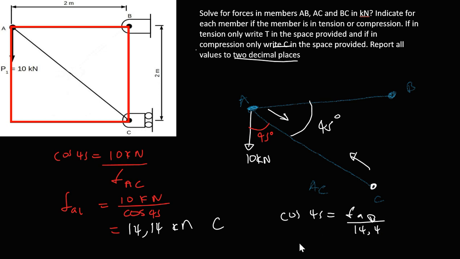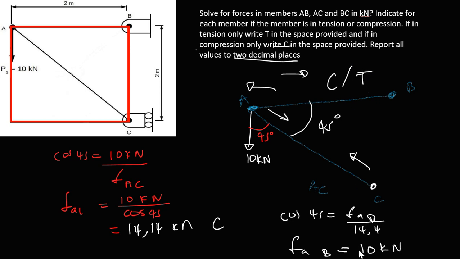Then you can cross multiply and get force AB again. If you did your computation well, it should give back 10 kilonewtons. Now we have to decide if this force is going this way or this way, to help us decide if this beam is under compression or tension.